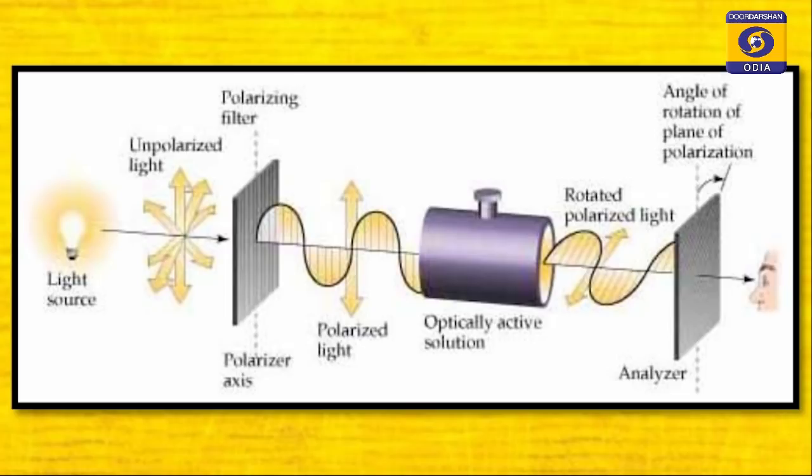When the light passes through that organic compound, this plane of light rotates slightly. In this figure a vertical representation has been shown, but here it is a little bit horizontal. So, let me show you how it happens.